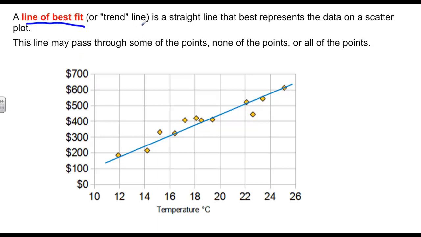Some people call them trend lines, and it's a straight line that represents the data on your scatter plot. If you draw a best fit line, typically that line will go through as many points as possible, with some being above the line and some being below the line, as you can see in this set of data right here.